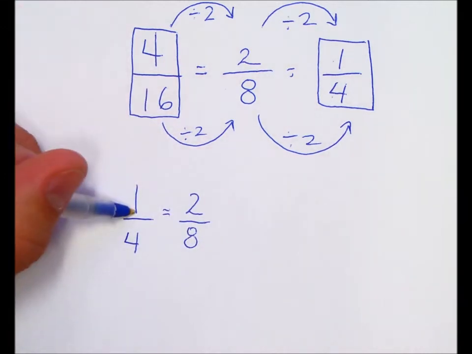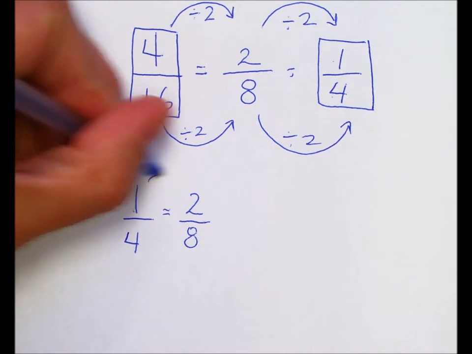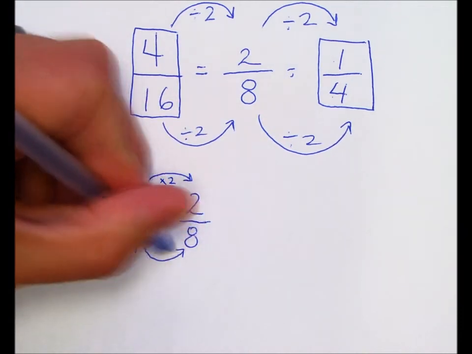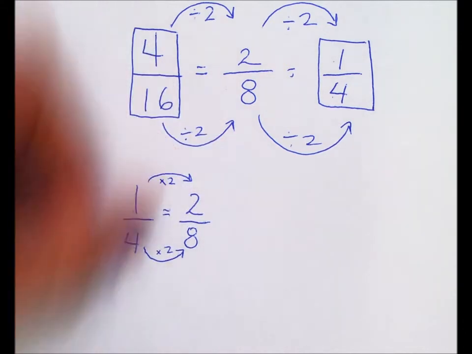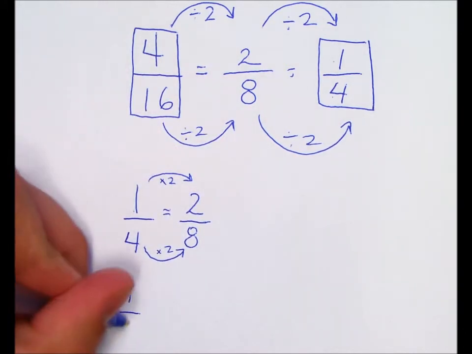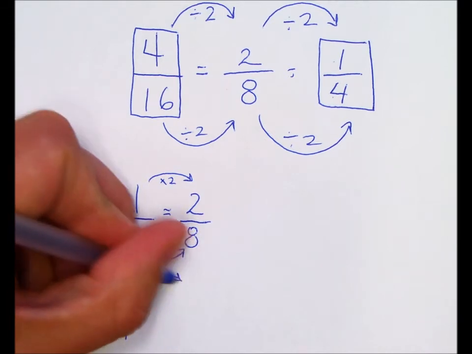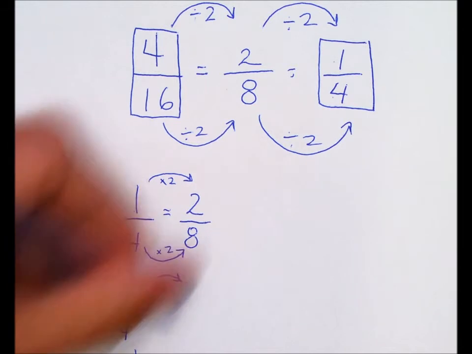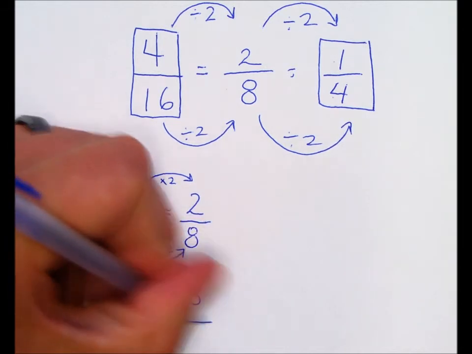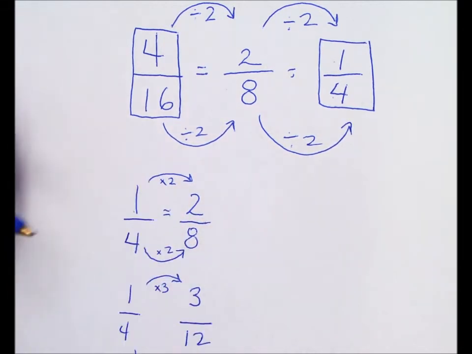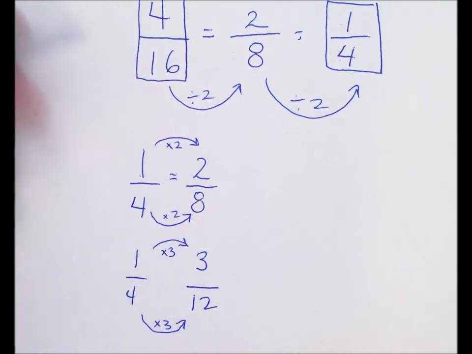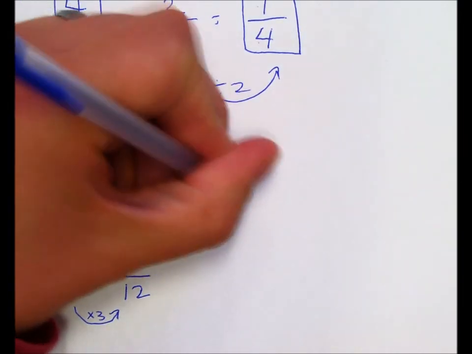If you multiply 1/4 by 3 over 3, you'll get 3/12. Okay, and you can just keep going. 4 over 4, 5 over 5, 6 over 6, etc. And so you can, if you need to, make a big list.